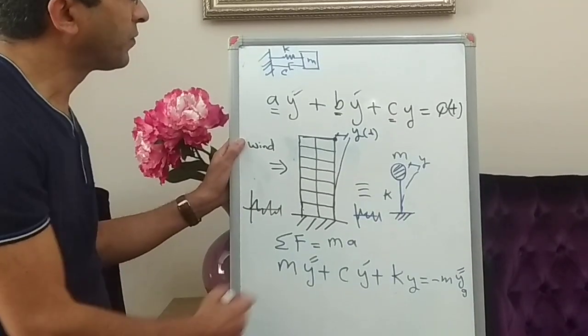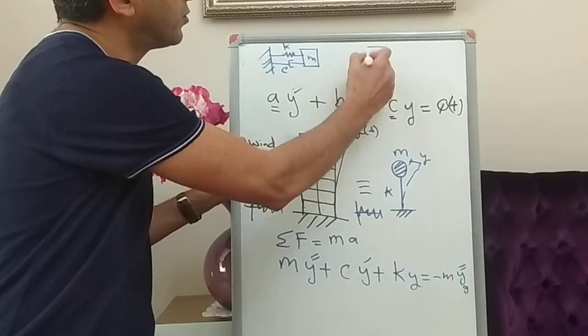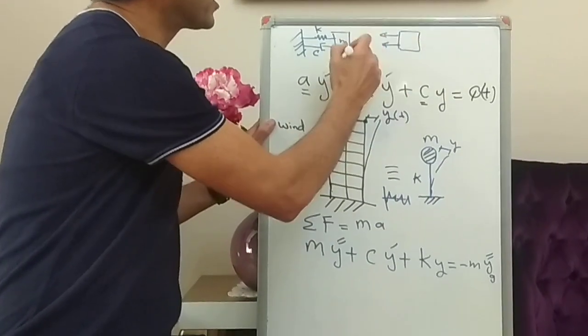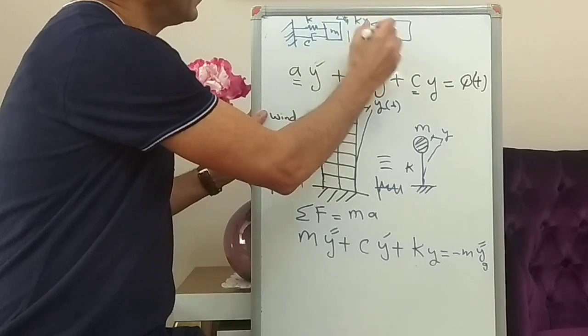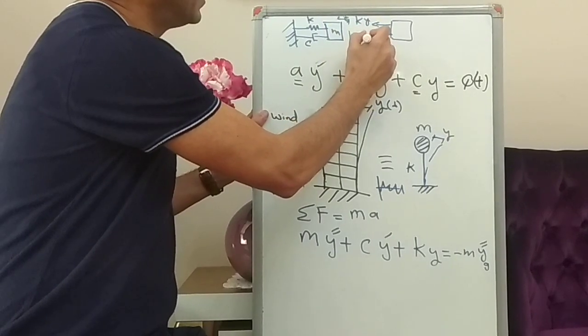As you see, this is your force, and there are two forces going back: k y, if this motion is y, and c y prime.